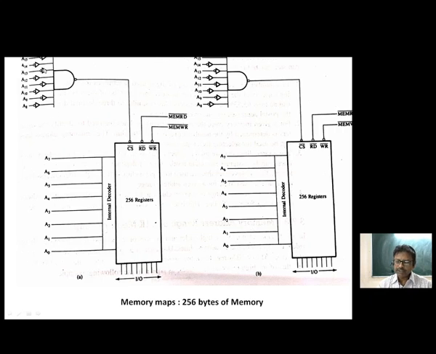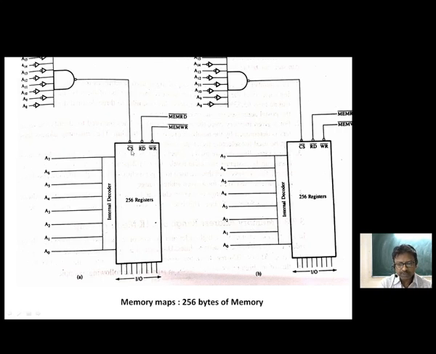So here we can see that the higher order address lines and the lower order address lines which are assigned for the memory mapping are the same as far as the register selection or the chip selection is concerned.